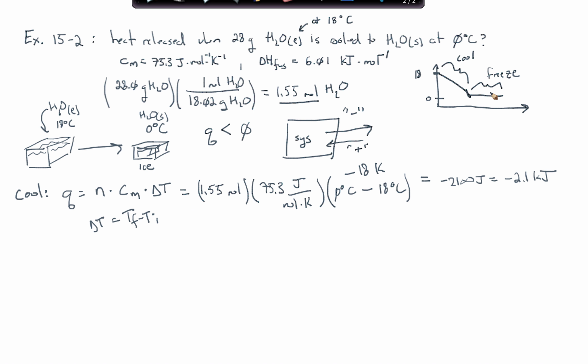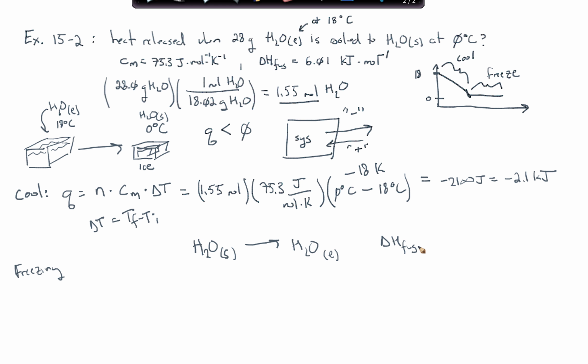Now, what about the energy associated with the freezing? Well, the first thing to remember is that we have a chemical equation. It's actually an equation for a phase change: H2O solid goes to form H2O liquid, and we have a delta H associated with that.